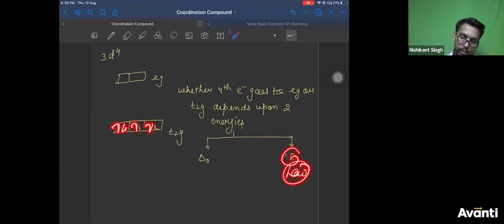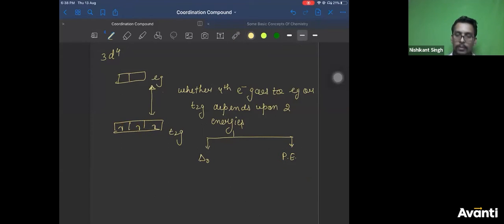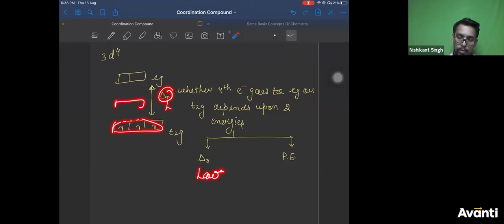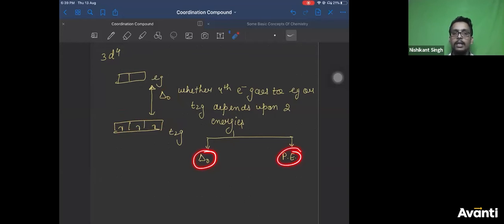And we know the difference between T2G and EG is delta O. If delta O is low, that means T2G and EG are very close to each other, and after 1, 2, 3, the fourth electron can easily jump up. Yes or no? So basically it depends upon these two energies. In short, it depends mainly on delta O.